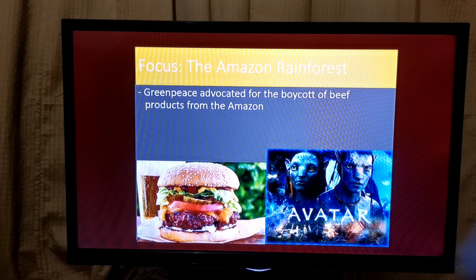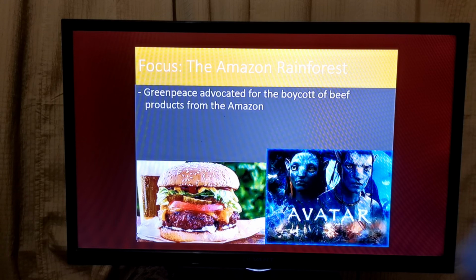So as long as there would be people eating burgers, more and more square meters of the Amazon rainforest get lost or disappear. So better boycott or stop eating burgers so you would also help in preserving nature, in preserving the Amazon rainforest. That's what Greenpeace says. Think about that. Okay?